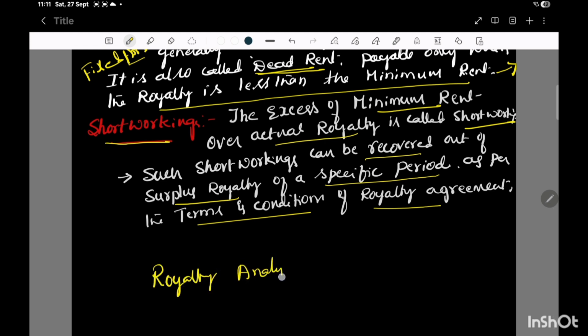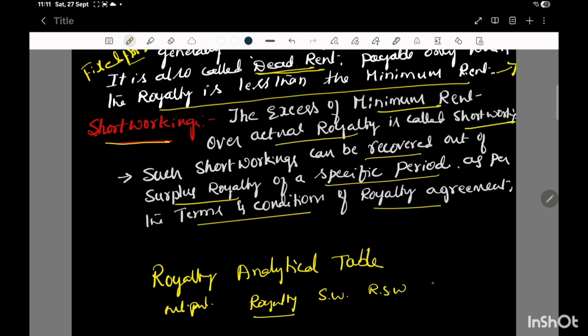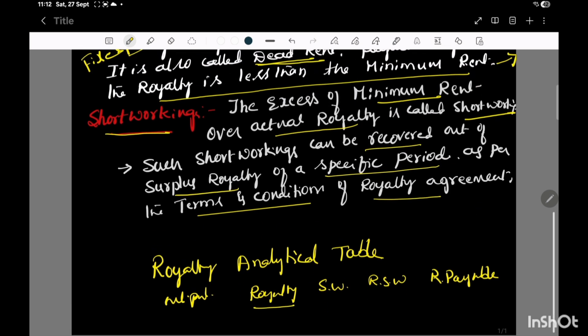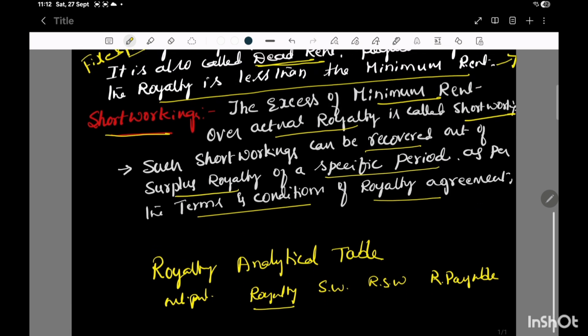This royalty analytical table gives the details of what output you have done, what the royalty amount is, that means per ton or per piece of sales, how royalty is fixed, what your short workings will be, how you are going to recoup your short workings, and what is the actual amount of royalty payable. All these things are to be clearly defined using this table. It's a royalty analytical table.